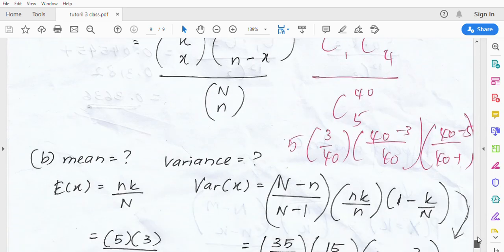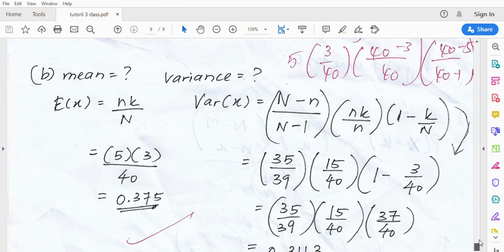And then B, find the mean and variance of the random variable. The mean is n k divided by big N. So the 5 we choose times k, which is 3, divided by the total number, 40. We will get 0.375. The variance simply uses the formula, since it's quite big.